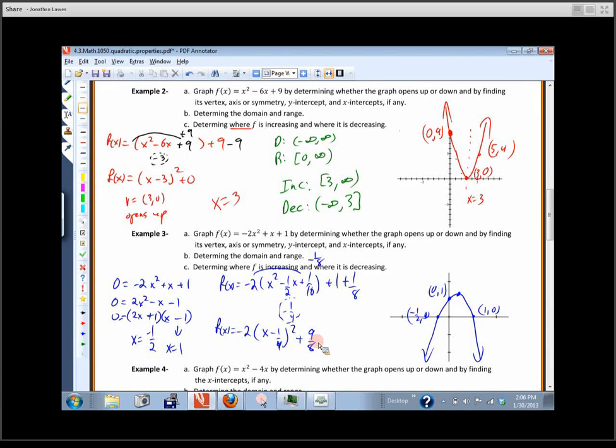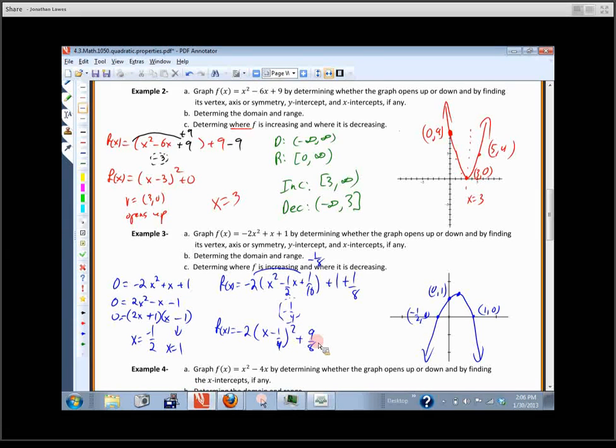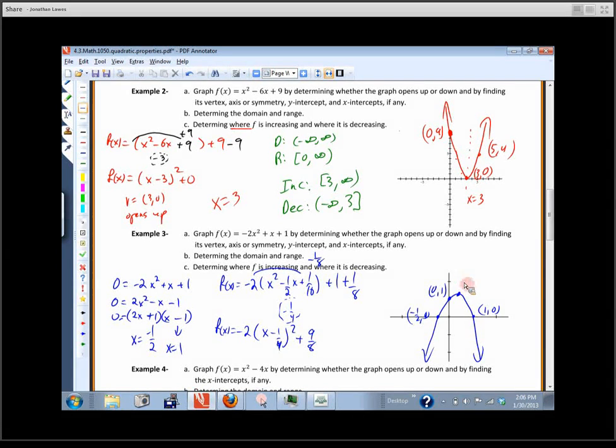A little bit, an eighth more than 1, right? Any questions? So where is this vertex? 9/8 is the y coordinate. 1/4. Okay. Now that is ugly.